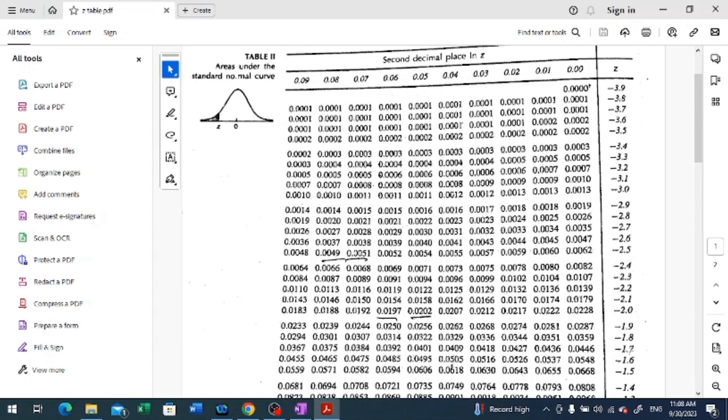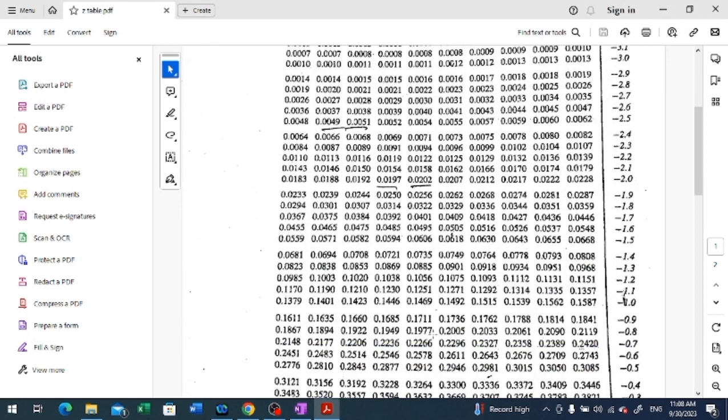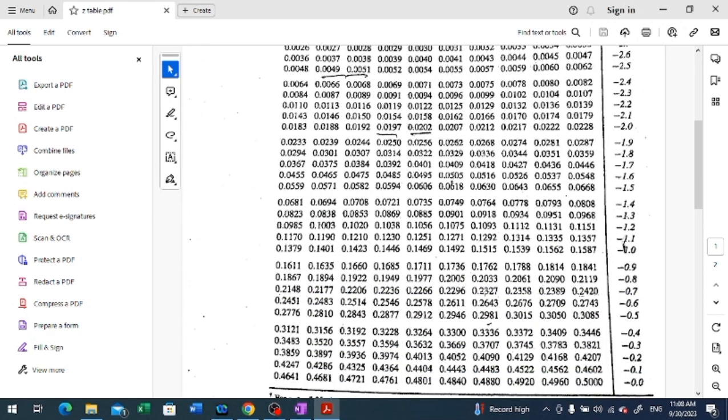You need not make this error. Try to find the probability nearest to 0.2 from the table, and you can notice that when we go to the row of minus 0.8, this is the probability nearest to 0.2, which is our target.